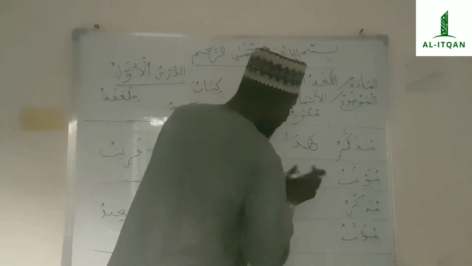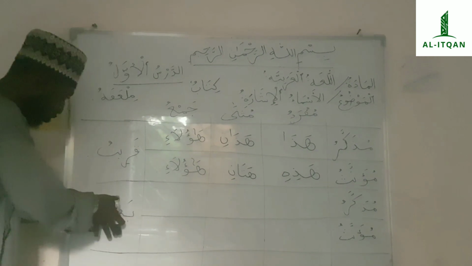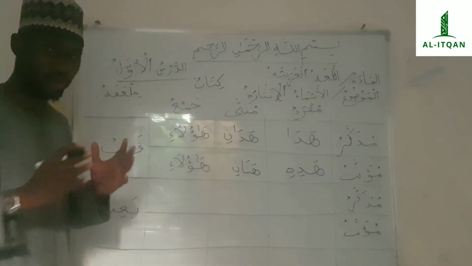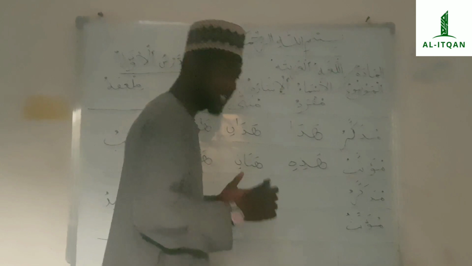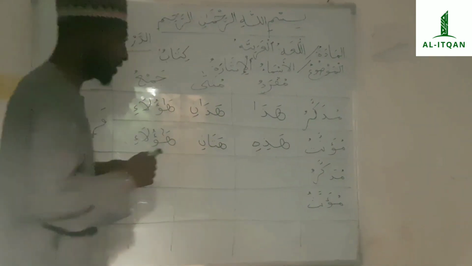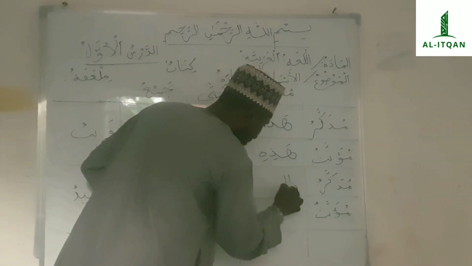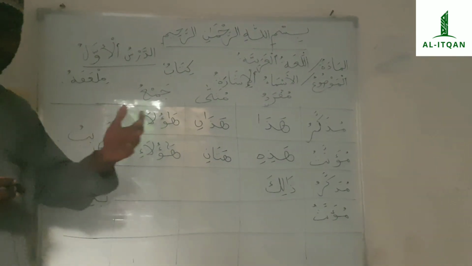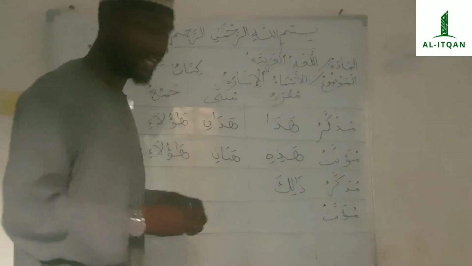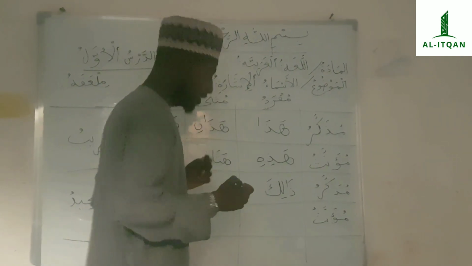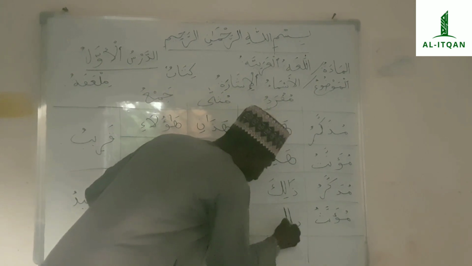Now, let's come here to far objects. If the object is far from you, then what do we use for that? For masculine singular, you say dhalika. For feminine singular, you say tilka.